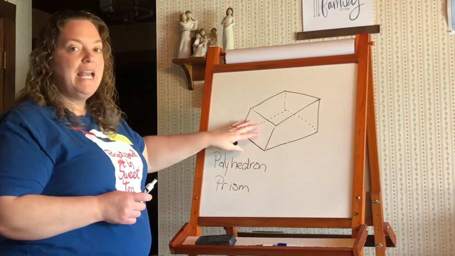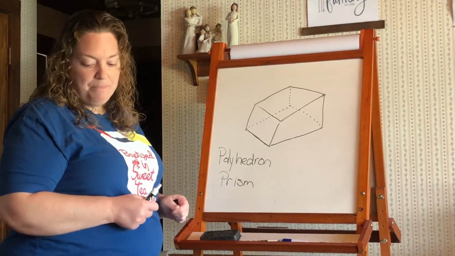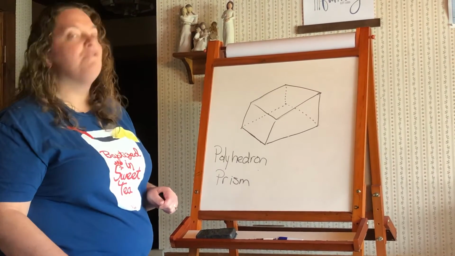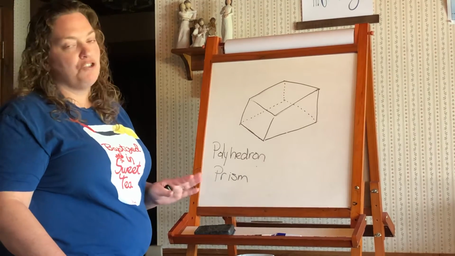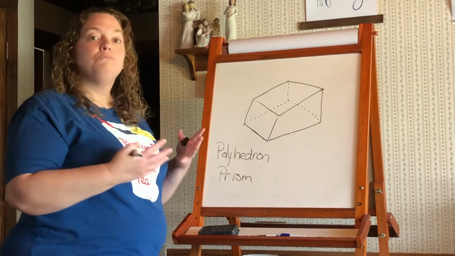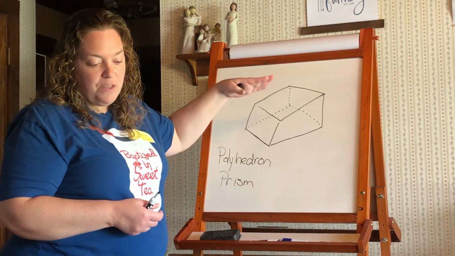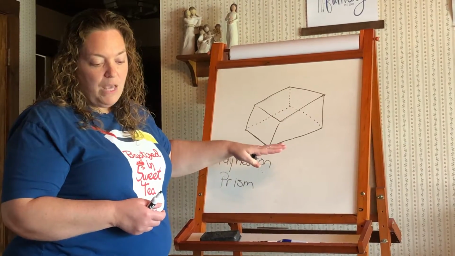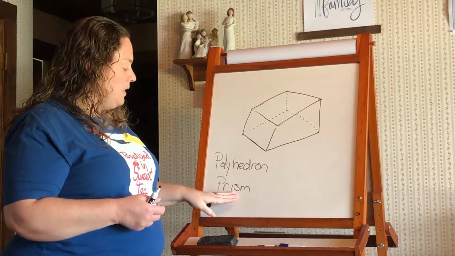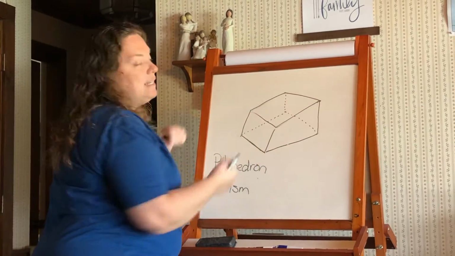And this is a rectangular prism because the bases are rectangles. We can also have a triangular prism, which is on the bottom of page 569. I'm not going to try to draw that yet. And that's just called a triangular prism because the bases are triangles. So a polyhedron is a 3D figure that has polygons as the bases, and a prism is a 3D figure where the bases are congruent and parallel.